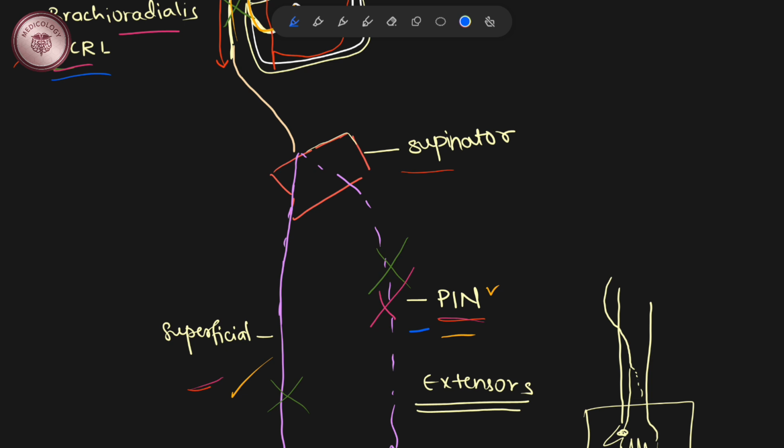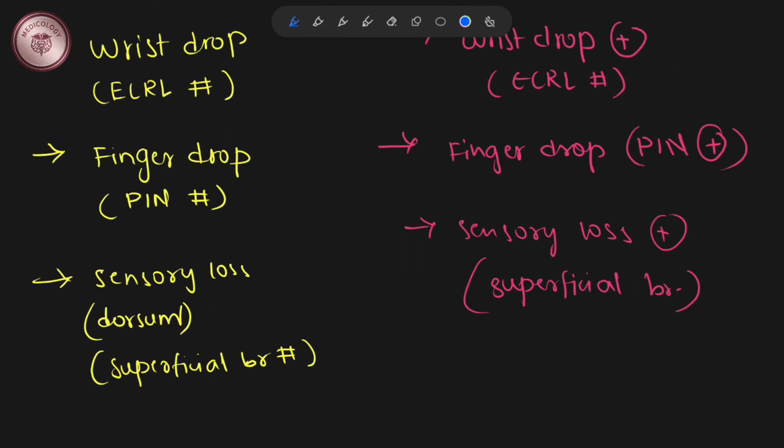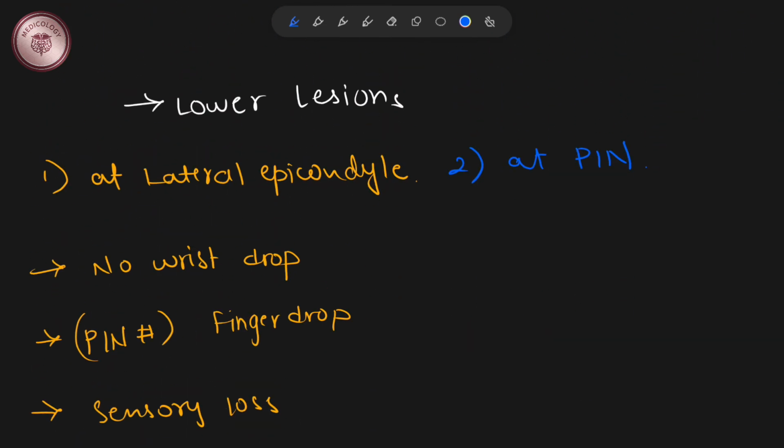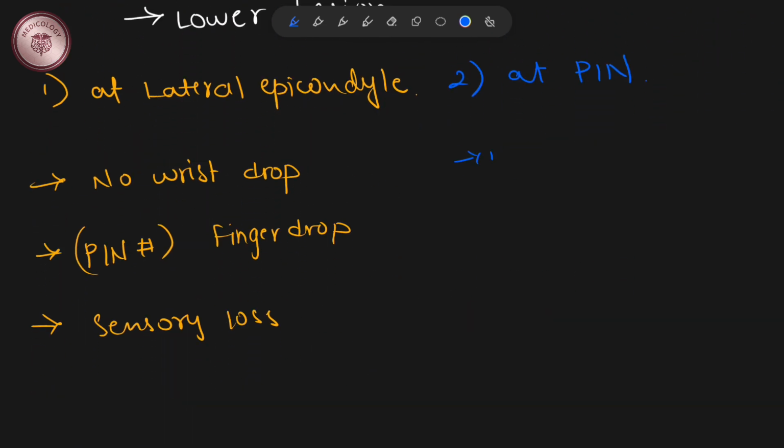Will the superficial branch be affected? No, the superficial branch is not affected, only the posterior interosseous nerve. So there will be no wrist drop. Finger drop will be there. Sensory loss? No sensory loss.